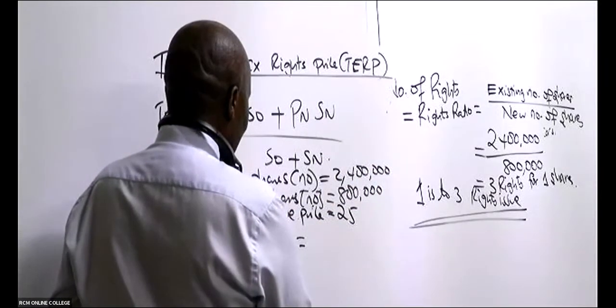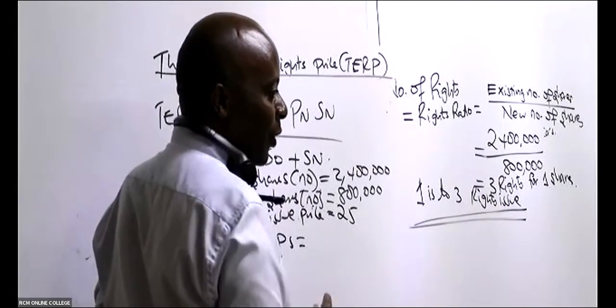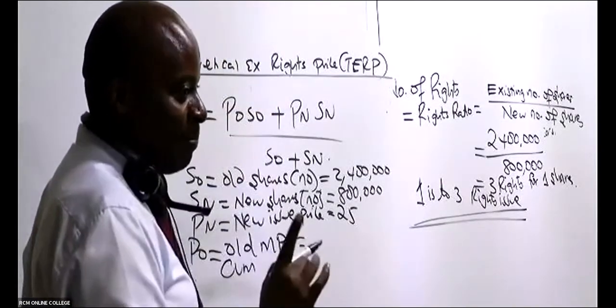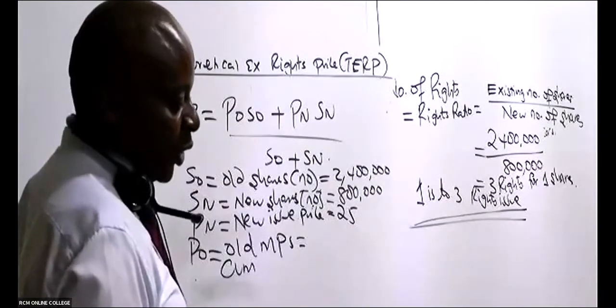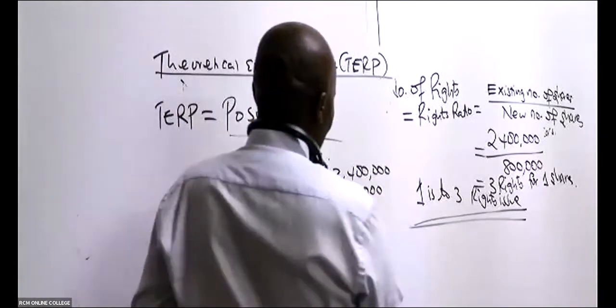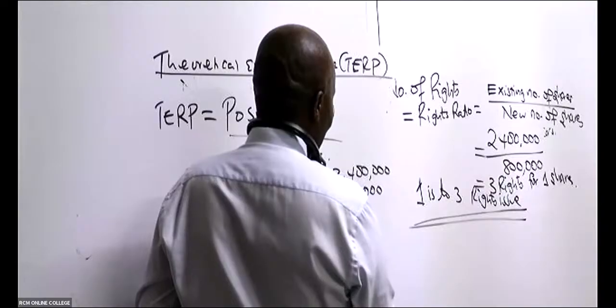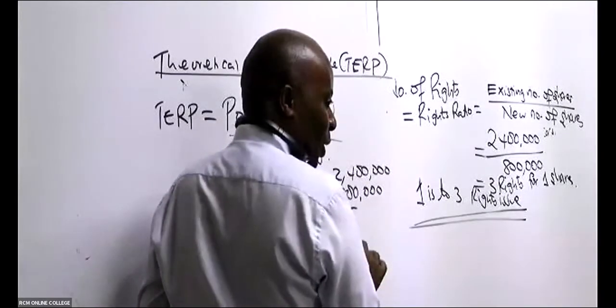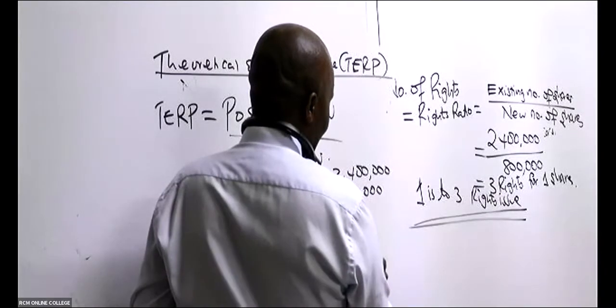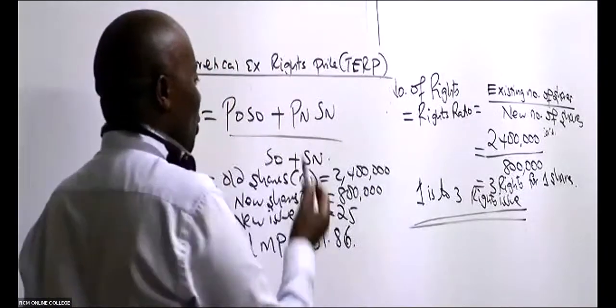So it has to become the rights MPS, which was 31.86.